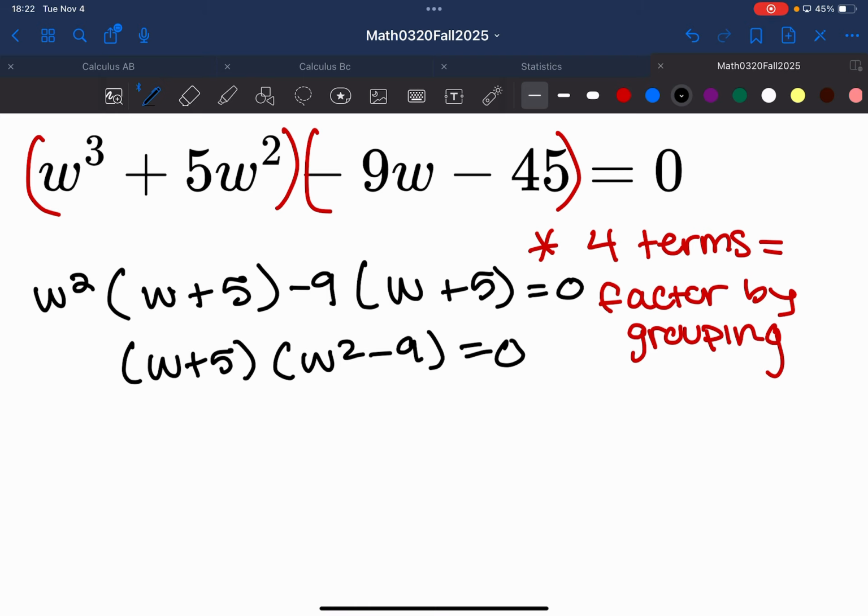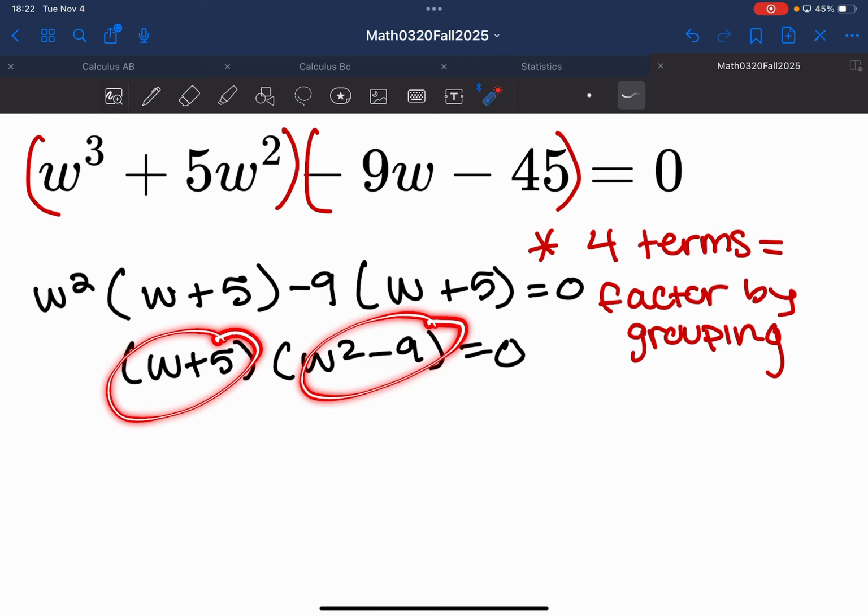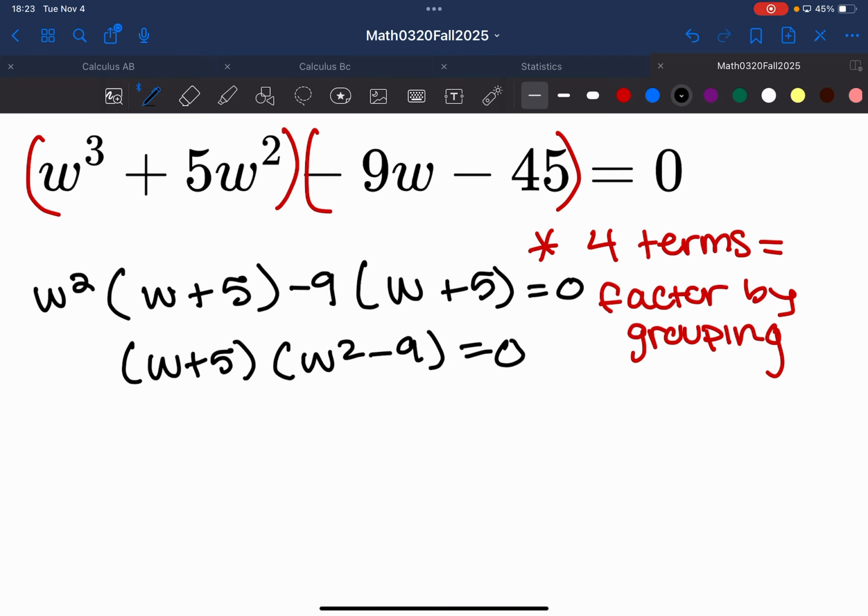Before we continue, we have to make sure it's all simplified. Is this one simplified? Yes. What about this next one? No, and what factoring method are we using? Perfect squares, right? We're taking the square root. That method is called perfect squares.